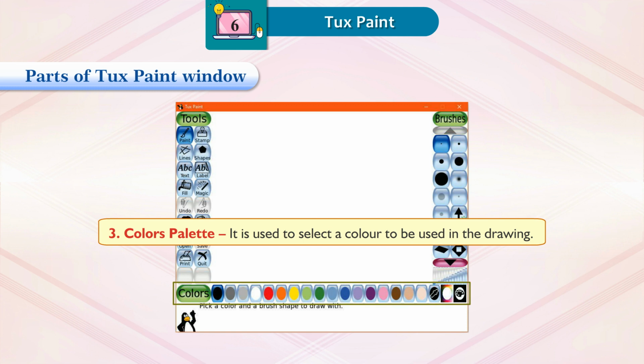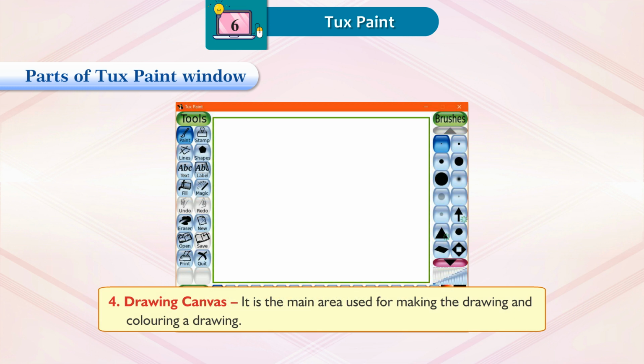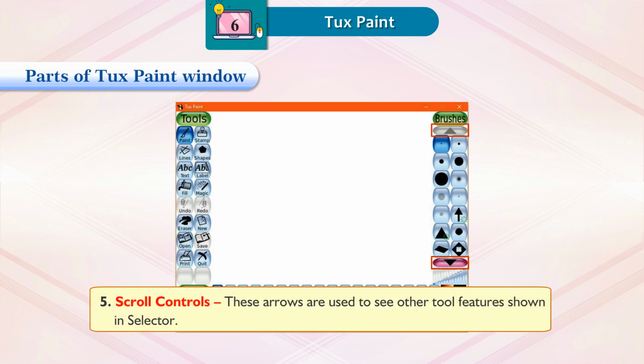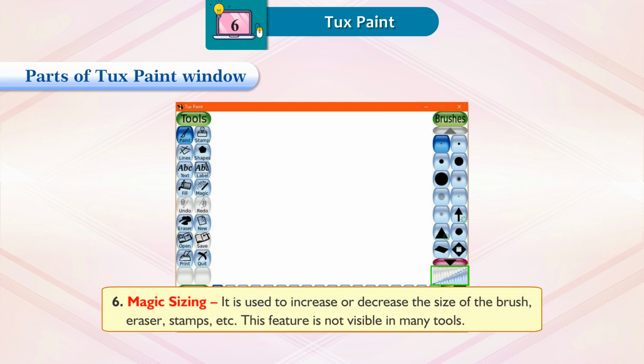3. Colors palette. It is used to select a color to be used in the drawing. 4. Drawing canvas. It is the main area used for making the drawing and coloring a drawing. 5. Scroll controls. These arrows are used to see other tool features shown in selector. 6.